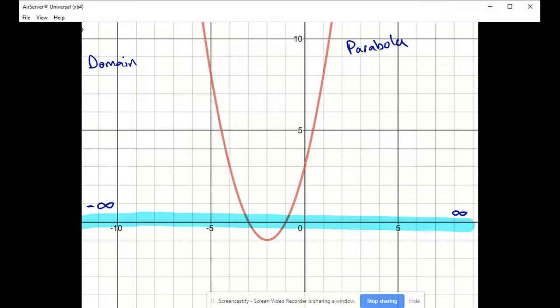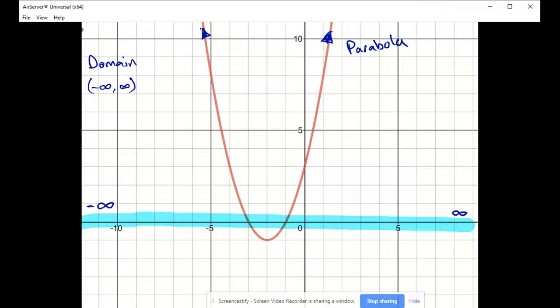Even though it looks like it doesn't go all the way off, the fact that our graph continues off the top of the page tells us that it's going to keep going forever. Therefore, our domain for a parabola is going to be negative infinity to infinity. And that's just telling us that x can be any value.